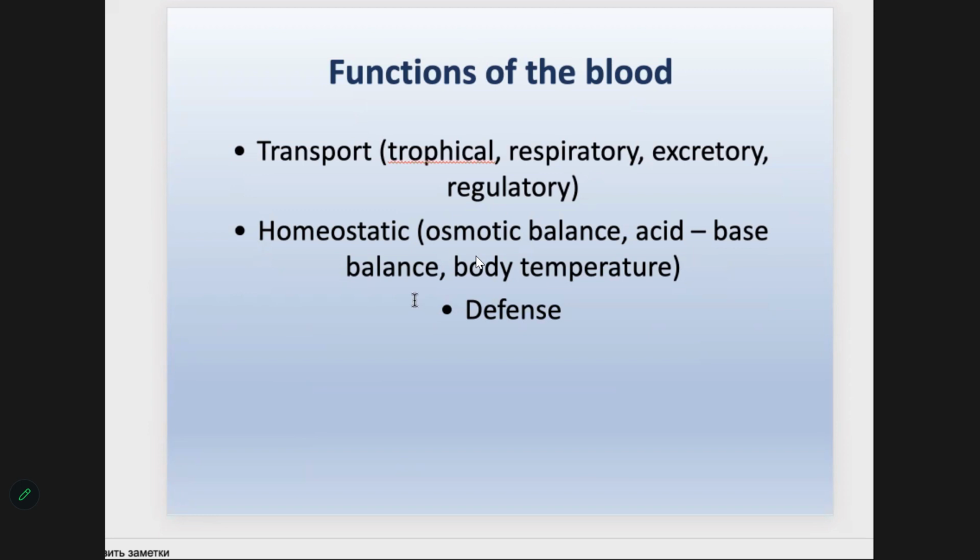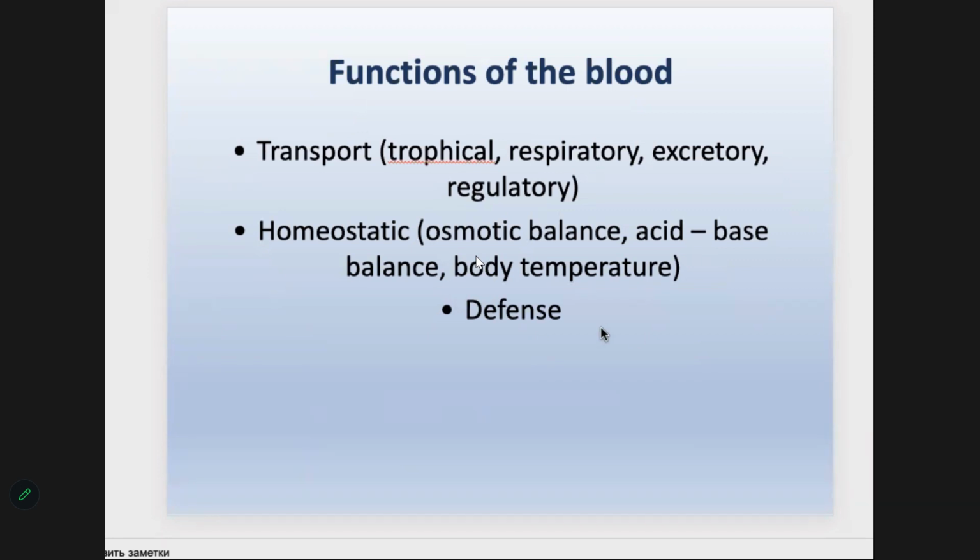This large function includes the regulation of osmotic balance, acid-base balance, body temperature, and other functions of our organism. And the last function of the blood is the defending function. Blood provides different types of immune defense of our organism.